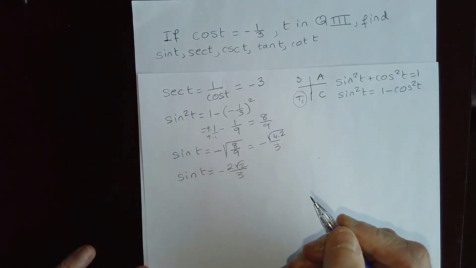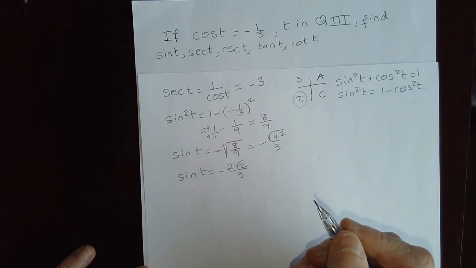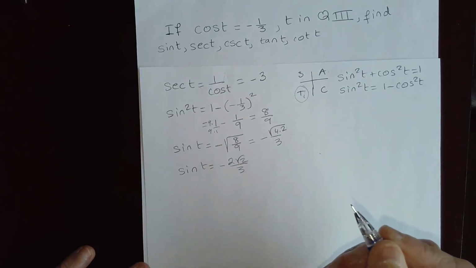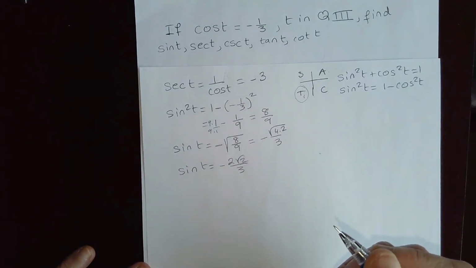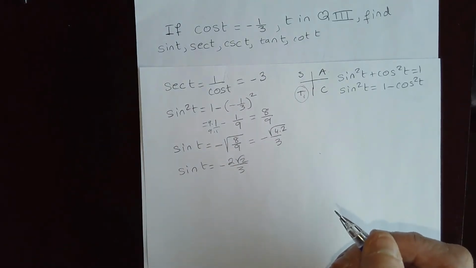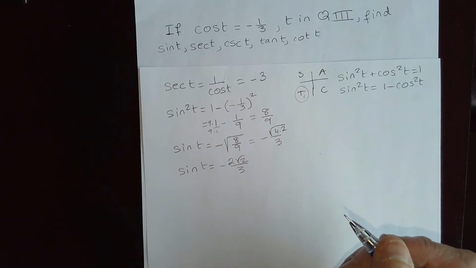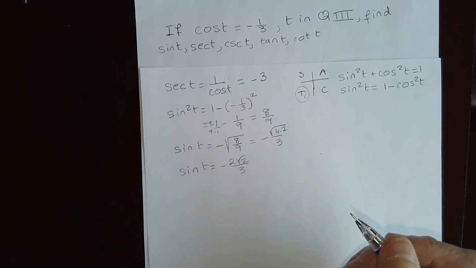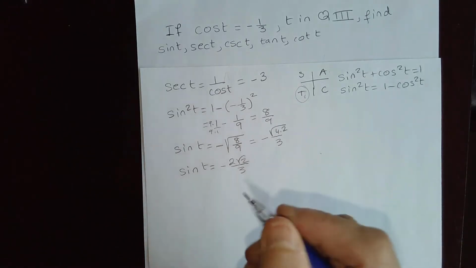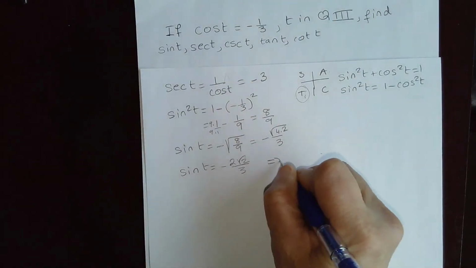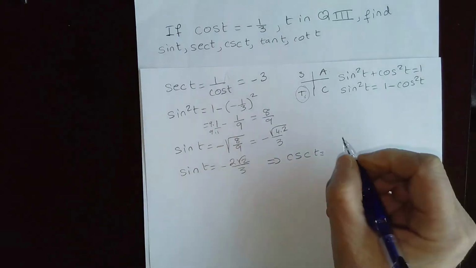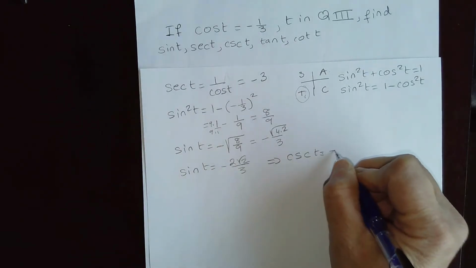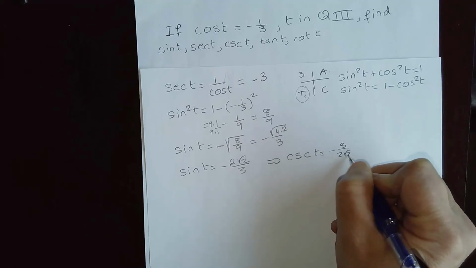Okay, so let's see, we have secant and sine t. Now, easy one to find would be cosecant t. Cosecant t is a reciprocal of sine t. Okay, so cosecant t is equal to -3/2√2.